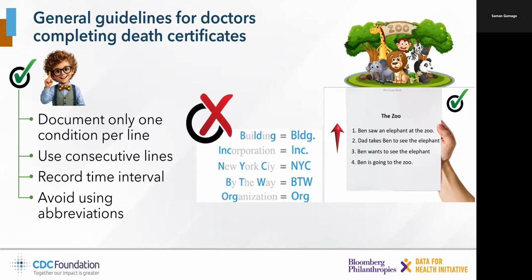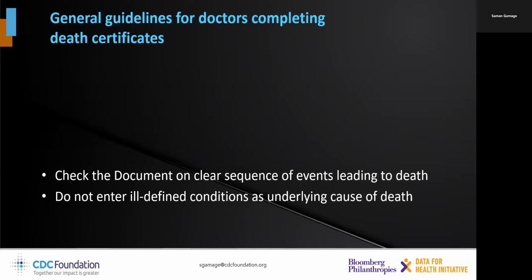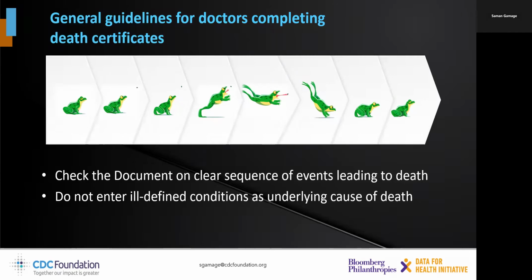So we advise doctors to document only one condition per line, use consecutive lines, report time interval, avoid using abbreviations, check the document for a clear sequence of events leading to death, and do not enter ill-defined conditions as underlying cause of death.